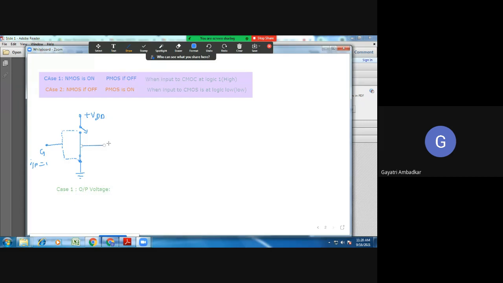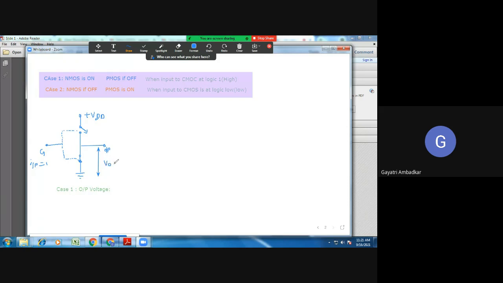Okay, I am taking output between these two terminals. Got it? This is our drain which is made common and this is the source which is grounded. So from drain to ground, what is output voltage here?